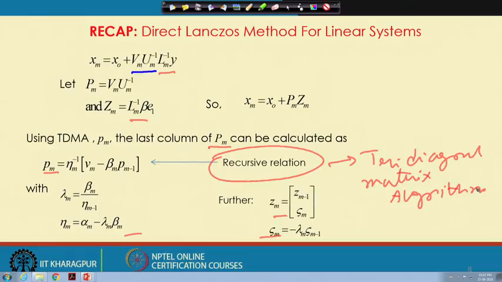So, this can be utilized here. This is how the direct Lanczos method works: using this recursive relationship you find Z m and P m.